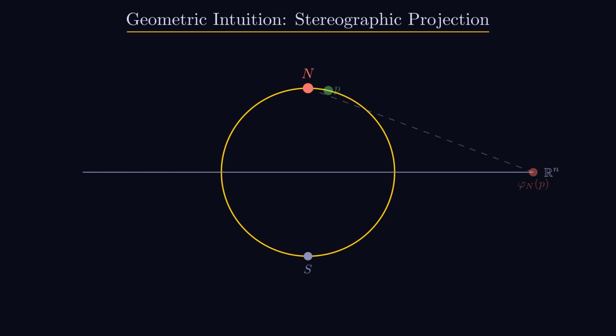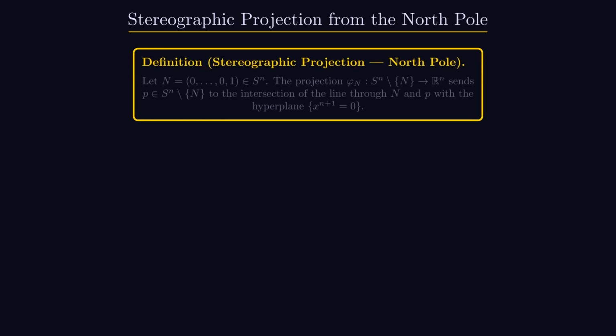The formula is phi n of x equals 1 over (1 minus x_{n+1}) times the vector of first n coordinates. Let N be the north pole, the point with 0 entries except the last entry 1 in Sn. The stereographic projection phi n maps each point P in Sn minus N to the intersection of the line through N and P with the equatorial hyperplane where x_{n+1} equals 0.